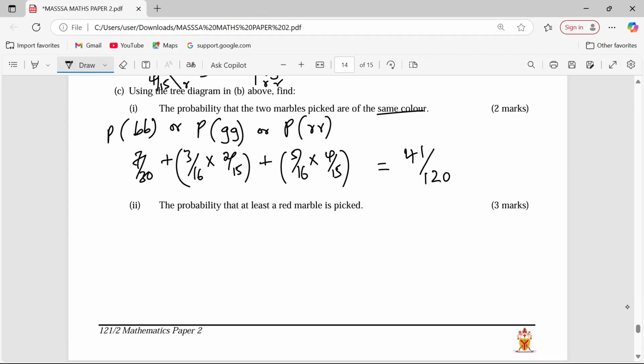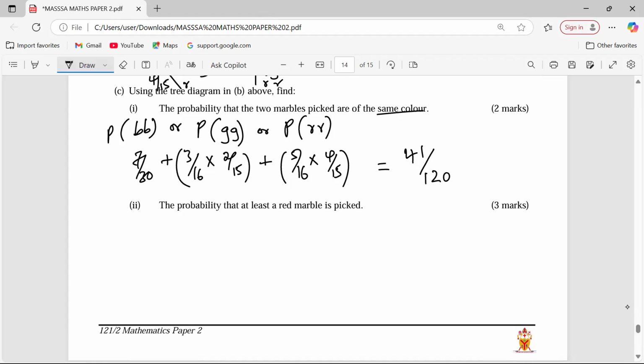Part 2. Find the probability that at least a red marble is picked. At least a red marble is picked. This one can be done in 2 different ways. Probability at least a red.